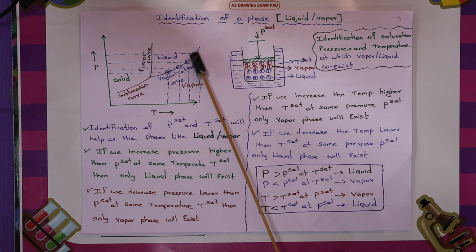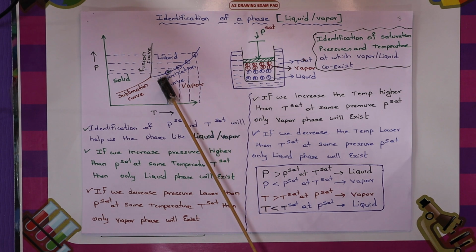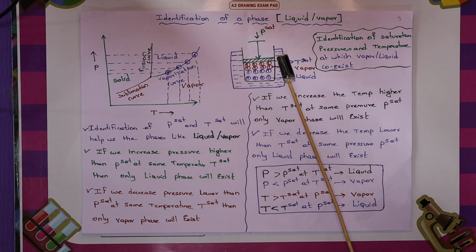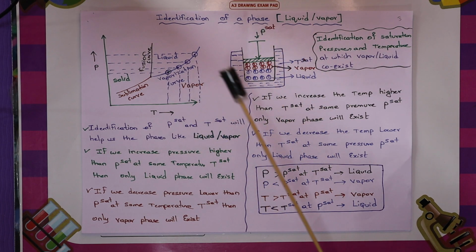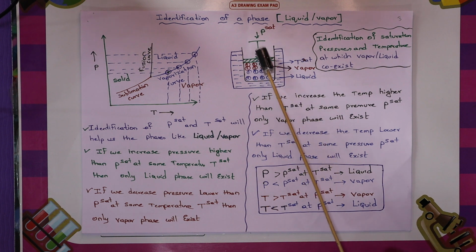That is the beauty of saturation pressures and temperatures. Now we are identifying any one phase, whether liquid or vapor. Presently the system is at the saturation pressure and temperature. What happens if you increase the temperature or the pressure, and what phases form?